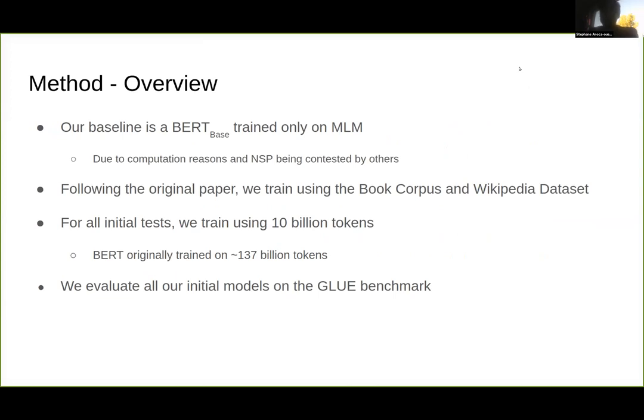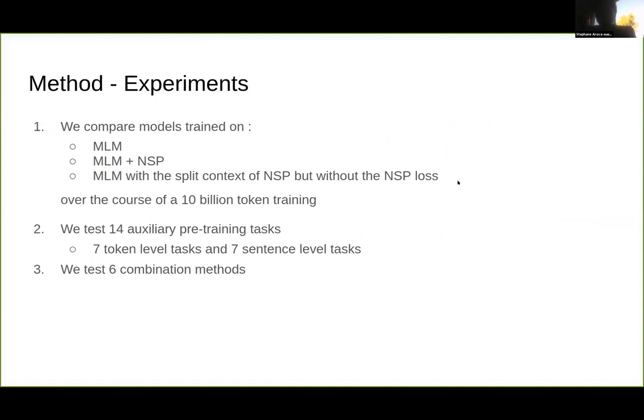My baseline was a BERT trained only on masked language modeling. I trained on the same source of data as BERT, although substantially less of it.